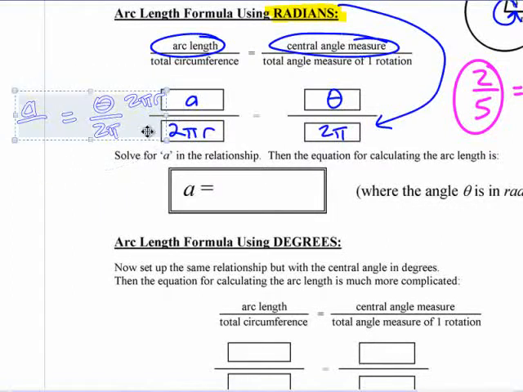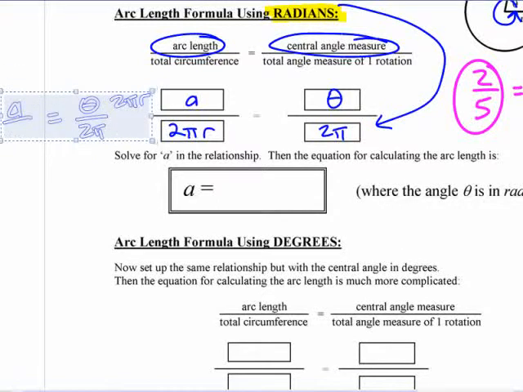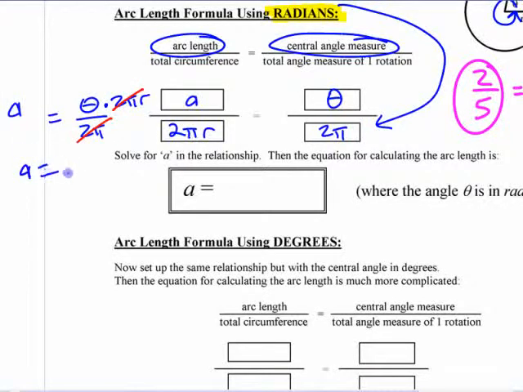However you solve proportions, you can end up with that. I guess we don't need that line anymore. What can I do with that to make it simpler? Yeah, that stuff cancels, just theta r, or r theta. That's the same as what you could see just intuitively from the picture.